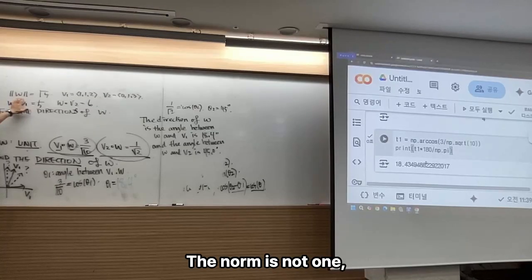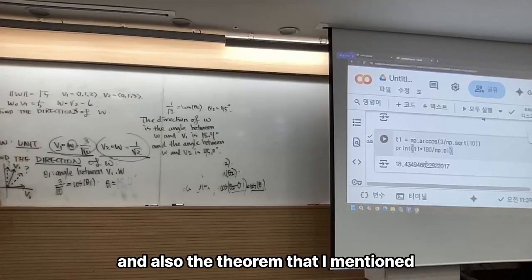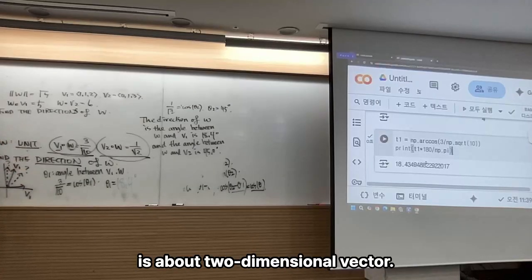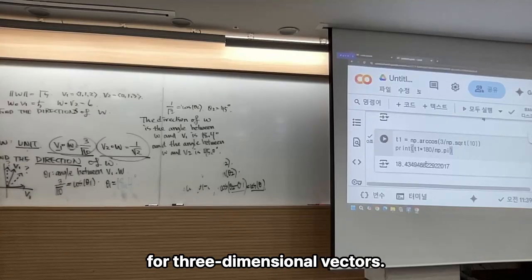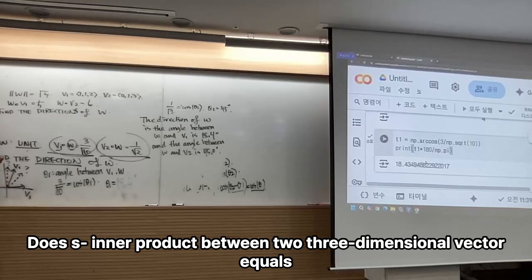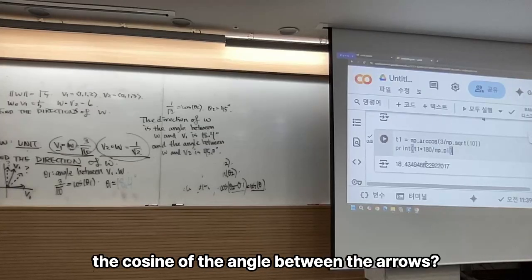The norm is not 1. And also, the theorem that I mentioned is about two-dimensional vectors. So you can ask whether the same thing happens for three-dimensional vectors. Does the inner product between two three-dimensional vectors equal the cosine of the angle between the arrows?